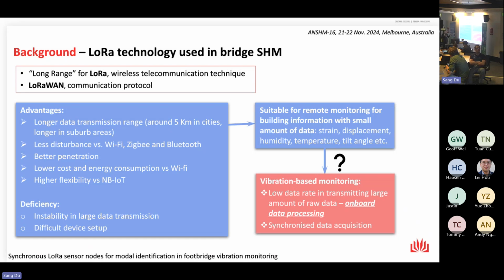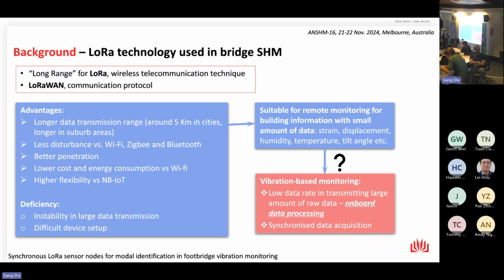But the deficiency of the LoRa technology is that it has a very low data rate. So this is the offset of this long-range topology. LoRa and LoRaWAN have been used widely in remote monitoring for bridge information, like strain, displacement, and other structural information.